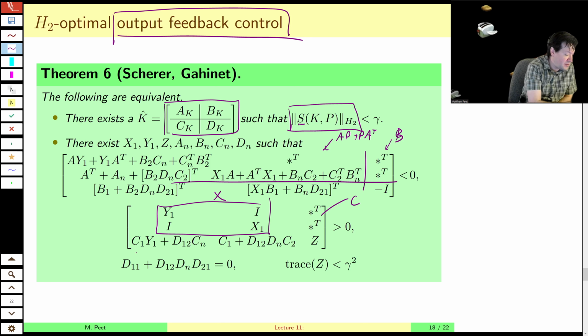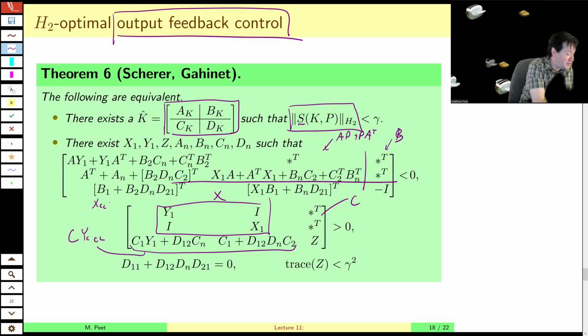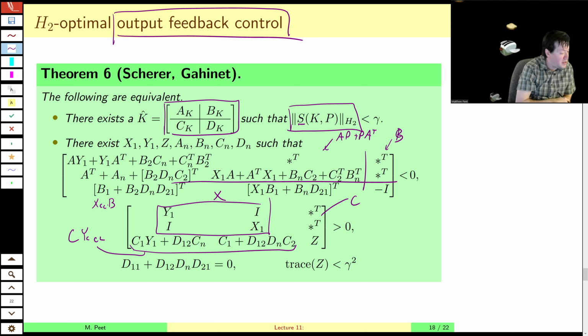So this is the same. If you remember from lecture 10, this is that same, what did I call it? XCL, or actually YCL, sorry, CYCL. And this was the same XCLB that we had before.